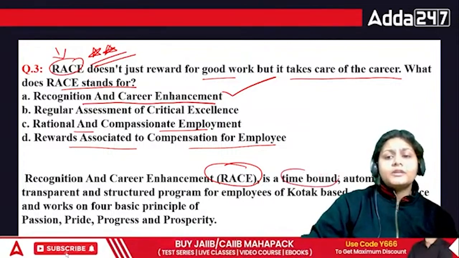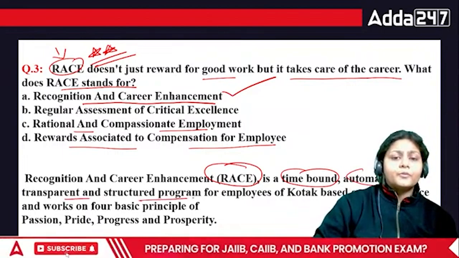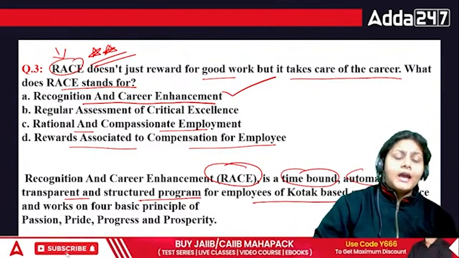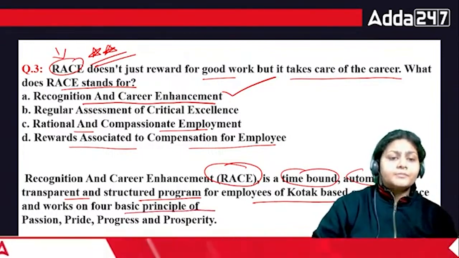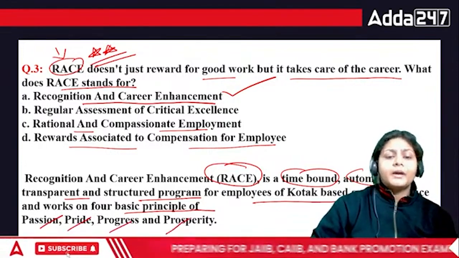It is a time-bound, automatic, transparent, structured program for employee rewards based on performance, and they have to work on the 4 basic principles, that is passion, pride, progress and prosperity.